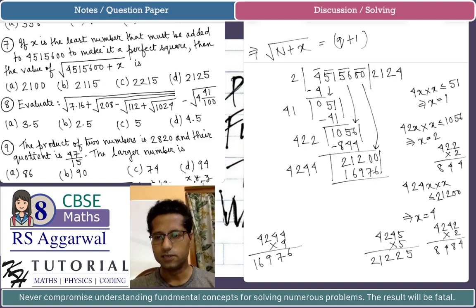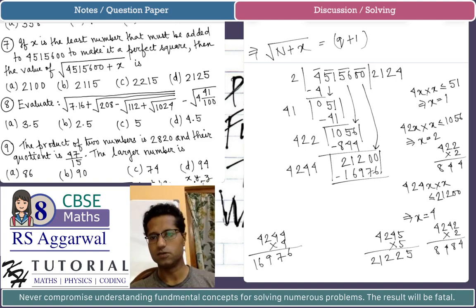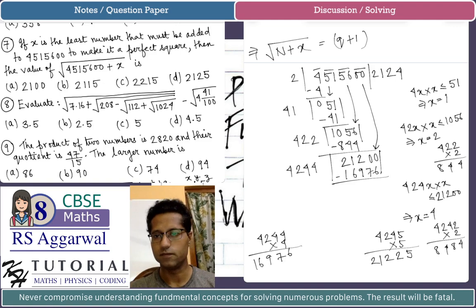Now at this stage, since all the periods are exhausted, it doesn't really matter whatever remainder will come, because we just need the quotient.